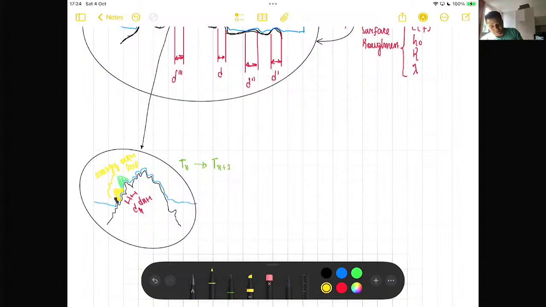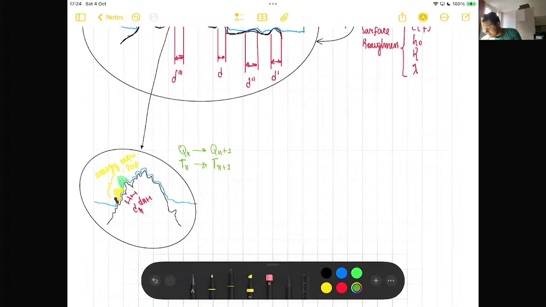So what does this mean? This means that the energy at N affects the energy at N+1 asperity, and the temperature in N affects the temperature in the asperity N+1.